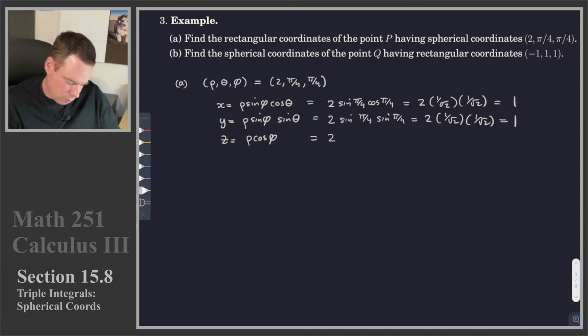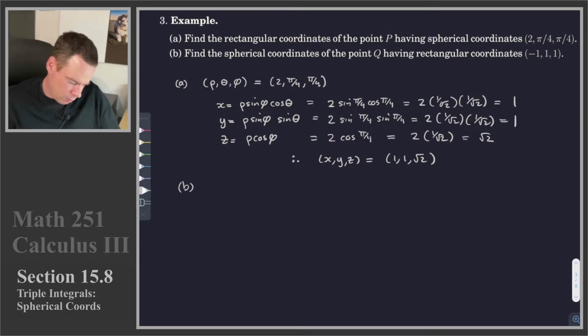And lastly we get 2 cos of phi, which is cos of pi by 4. And so that's 2 times 1 over root 2, or in other words, root 2. So therefore, the rectangular coordinates of that point is 1, 1, root 2.